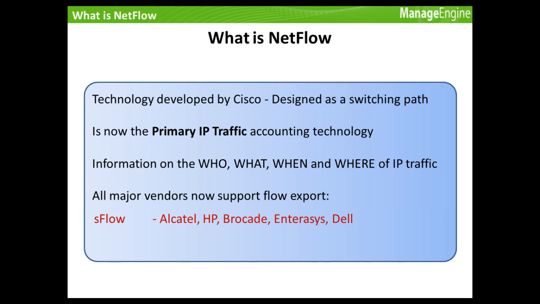But now almost every enterprise device vendor in the market supports some flow format or the other: NetFlow, S-Flow, J-Flow, IPFIX, anything. And like I said at the beginning of the webinar, even though I keep referring to it as NetFlow, what I actually mean is NetFlow or S-Flow, all these flow export solutions which can actually carry information about your IP traffic.